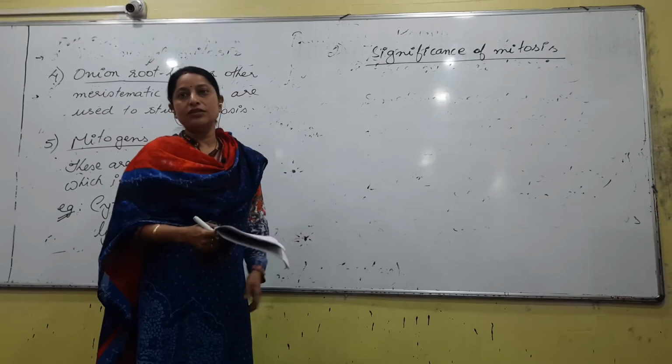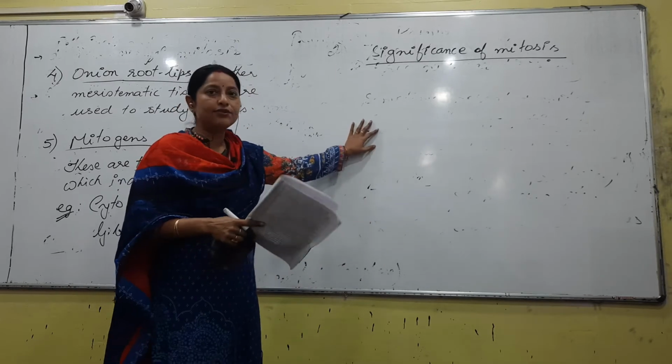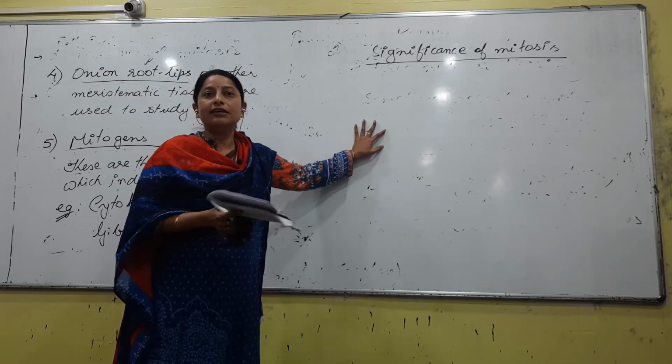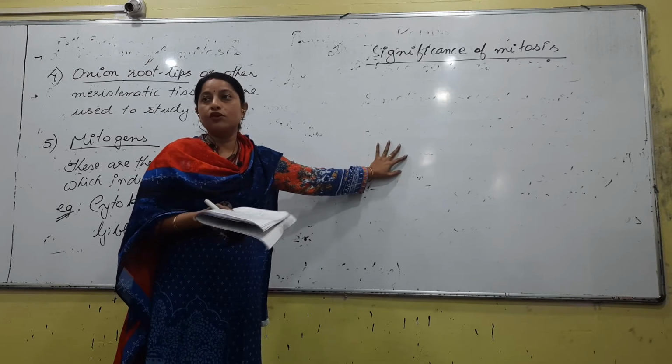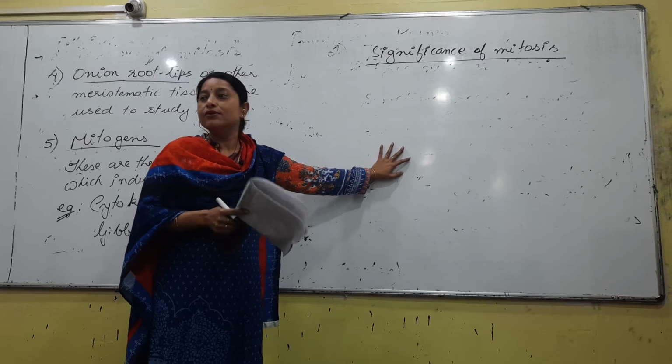Why is the mitosis process important? Even if you don't study the other points, one thing we know is that when there is an injury, there will be loss of cells. Who will repair the lost cells? Cell division. Which cell division?